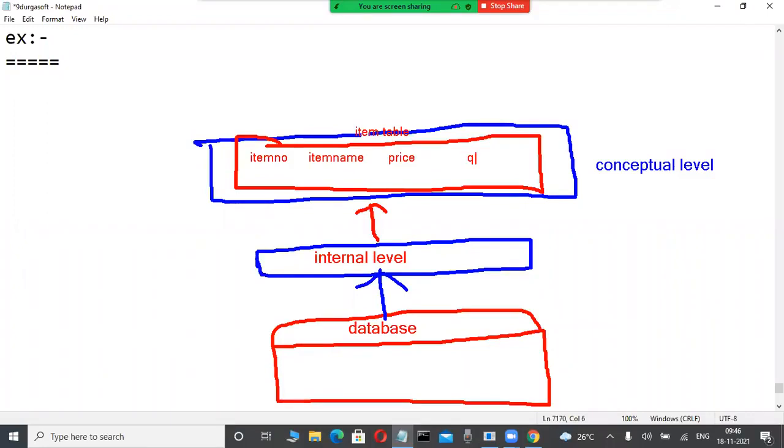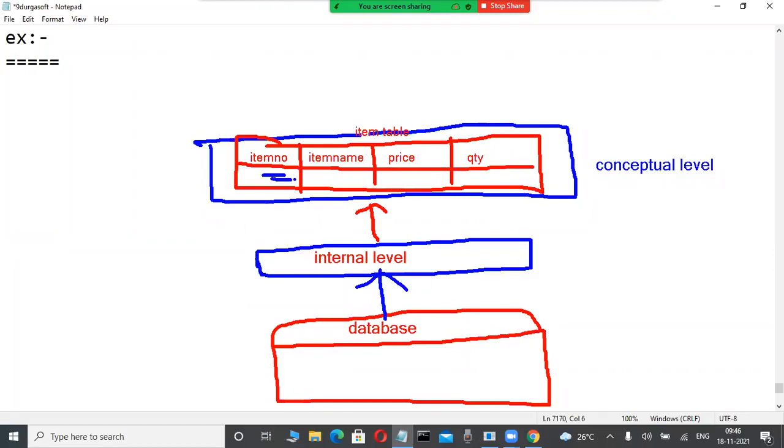These are the four columns, for example. This is a table only, and so much data is there in these columns. A table is nothing but the conceptual level.